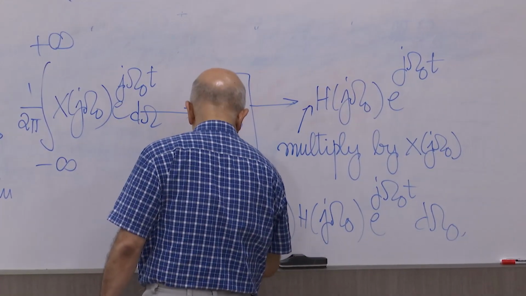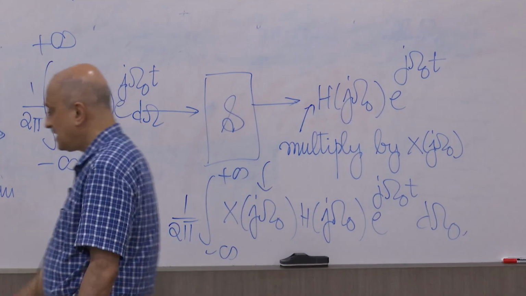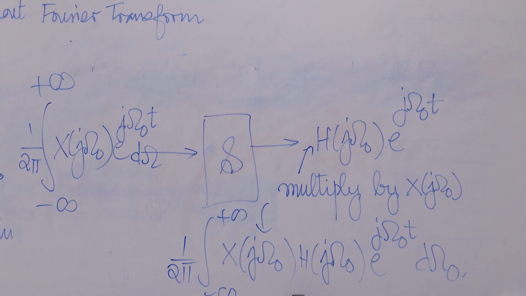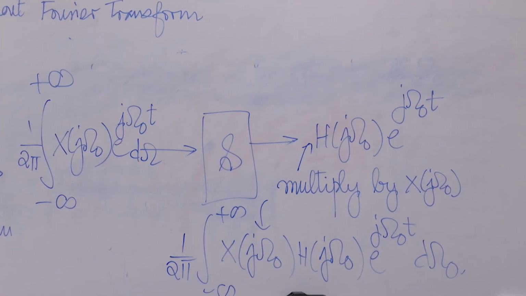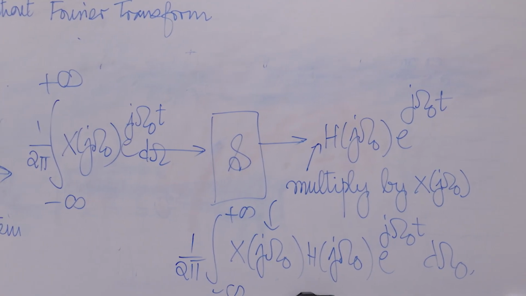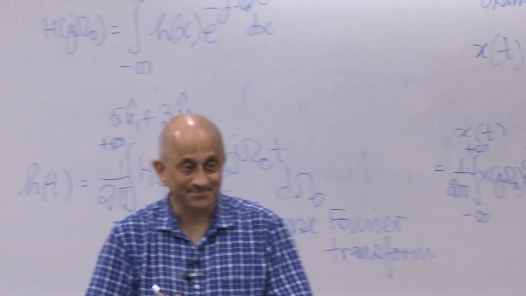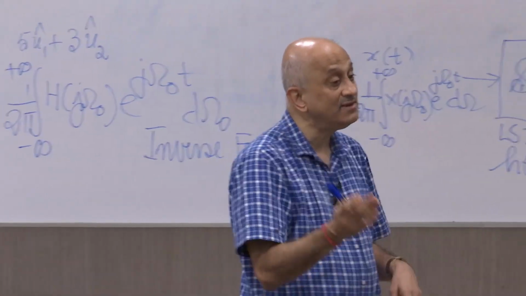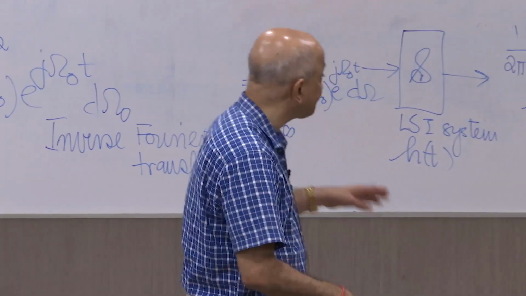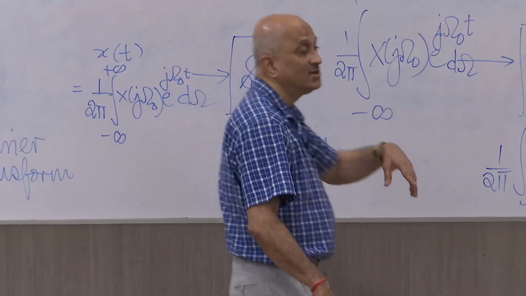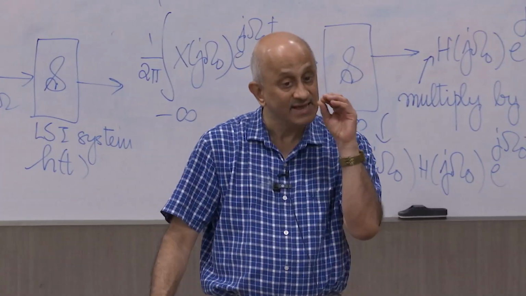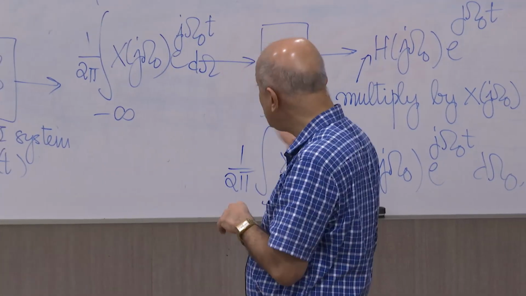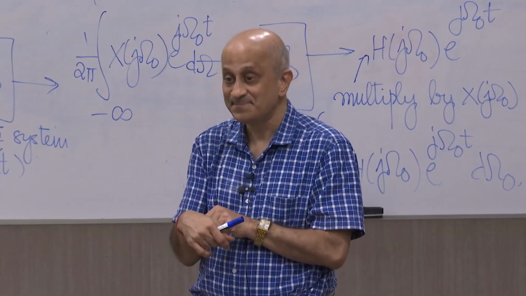You agree with me? So, I have invoked linearity. Shift invariance has already been invoked when I looked at what happens to one phasor, so I am not explicitly invoking shift invariance again, right.